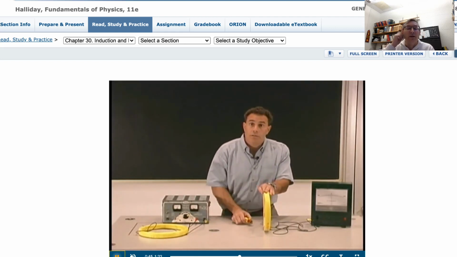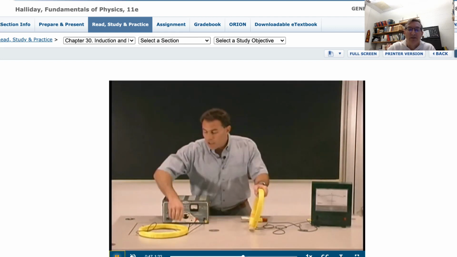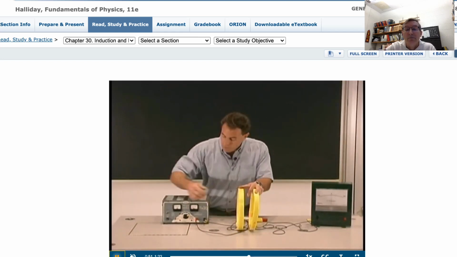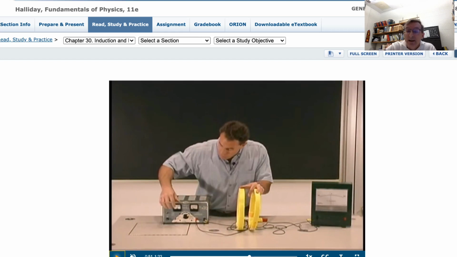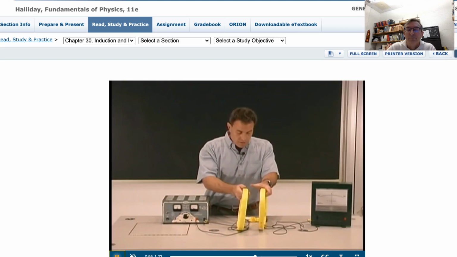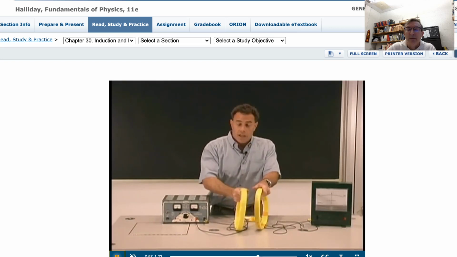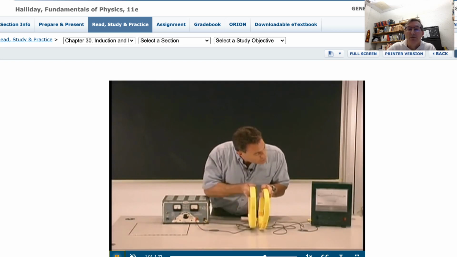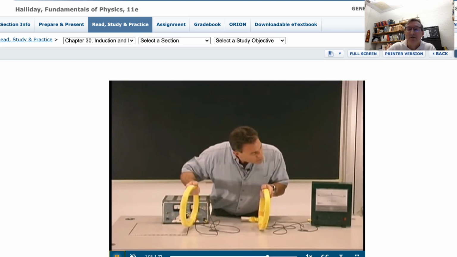Now he's going to show you another way to get a changing magnetic flux. Another coil nearby. Now that one is hooked up to a power supply, and he's going to turn it on. And he did, and now he's going to move that coil closer and farther, closer and farther.